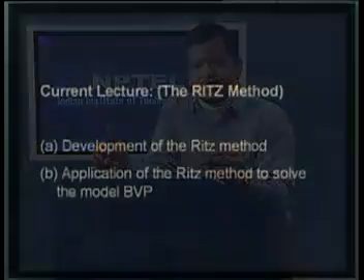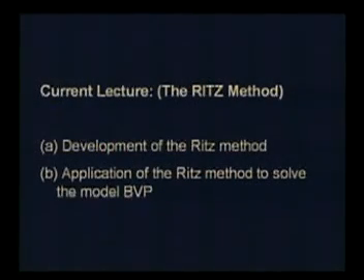Given this introduction, we will develop the Ritz method that we had introduced last time in greater detail, and we will apply it to some typical examples corresponding to the model problem that we have introduced. And we will show how good or bad the Ritz method does with respect to the solution of these model problems.